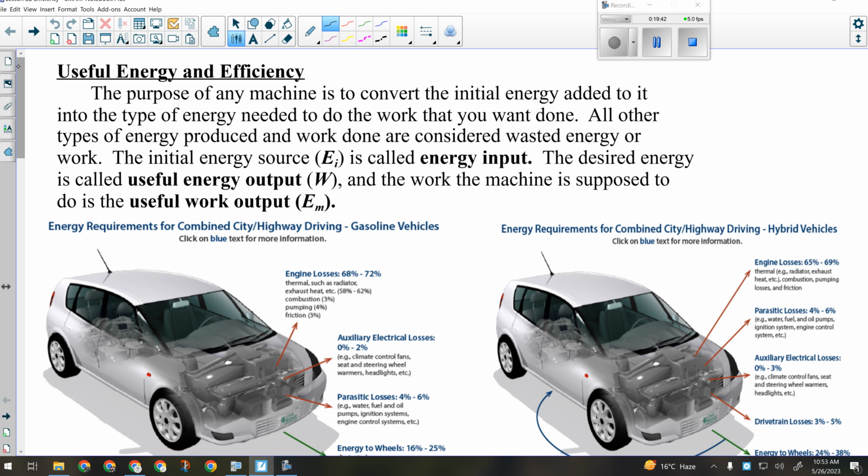Okay, so our initial energy source is EI, our energy input. The desired energy is our energy output, which we call work, the work that the object, machine, whatever will do, okay? And then the work that the machine is supposed to do is the useful work, okay?